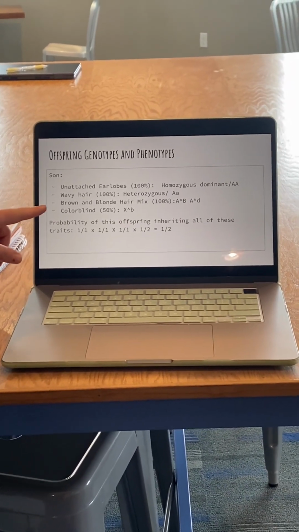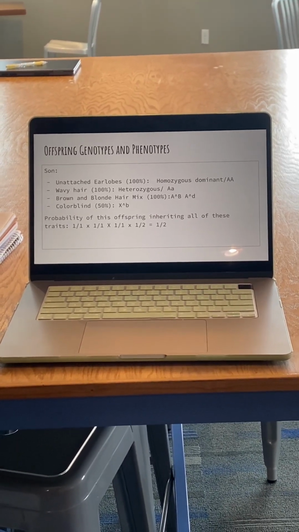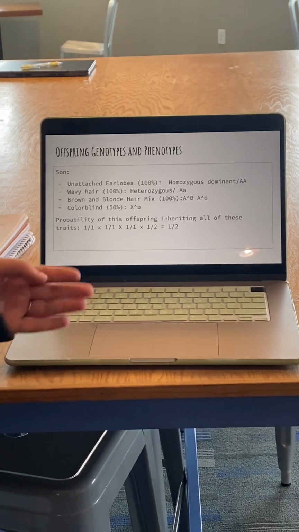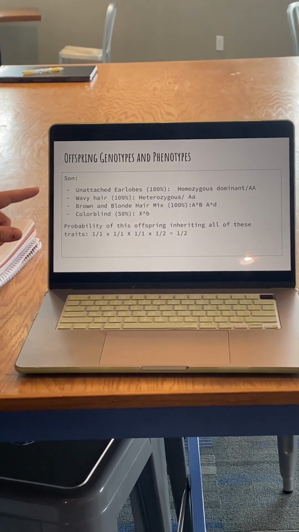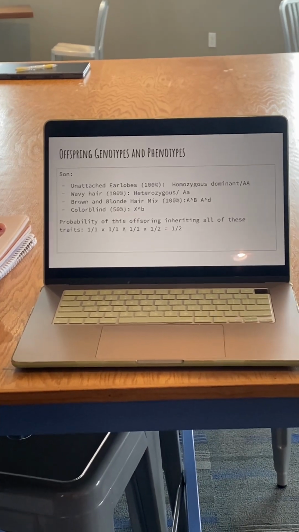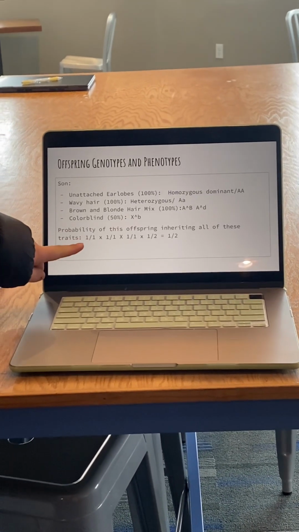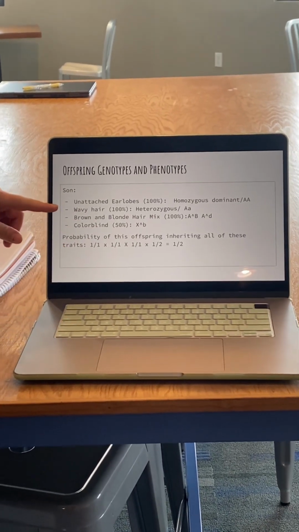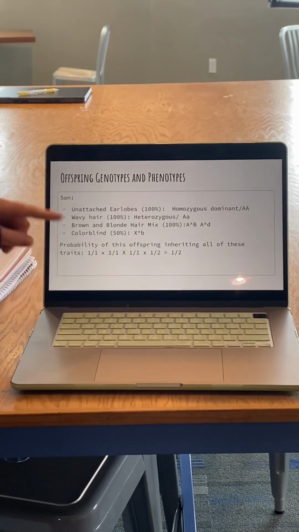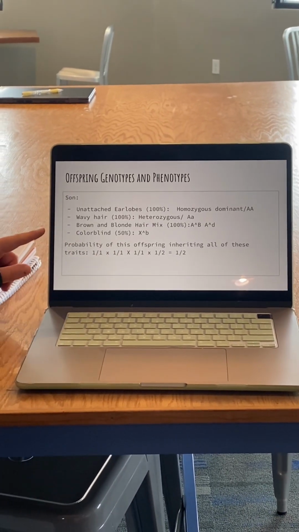He is colorblind, and he had a 50-50 probability because his dad is not colorblind, but his mom is, and his genotype is X to the little b. And then the probability of this offspring inheriting all of these traits is 1/1 because of the 100% here, 1/1 because of the wavy hair, 1/1 because of the brown and blonde hair mix, and then 1/2 because he is colorblind.